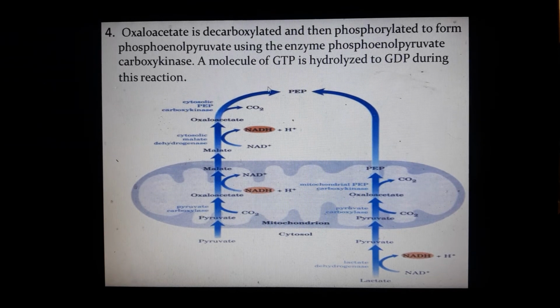Again, the oxaloacetate is decarboxylated, so there is removal of the carboxyl group, and then phosphorylated at the same time to form phosphoenolpyruvate. That's why meron siyang phospho. The product in step number 4 is PEP, phosphoenolpyruvate.